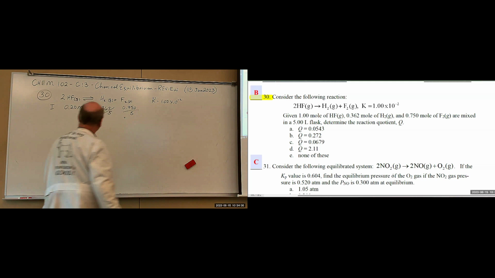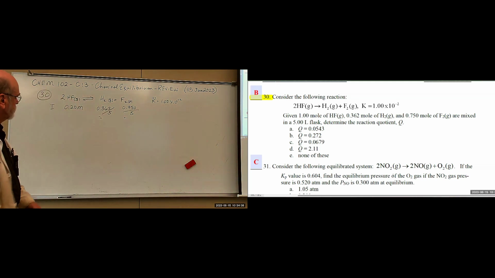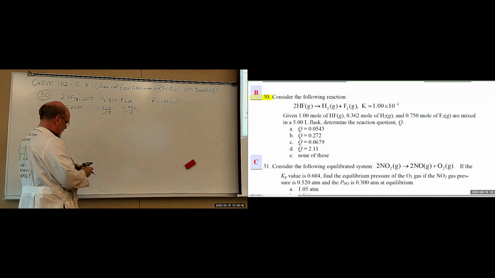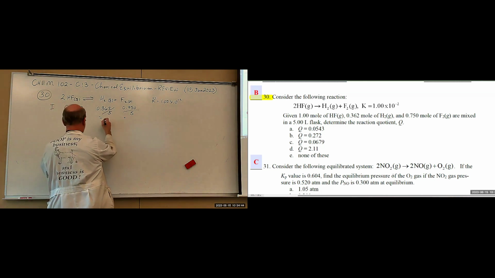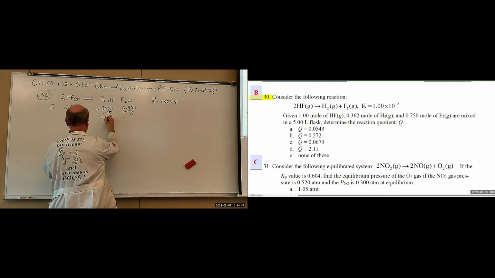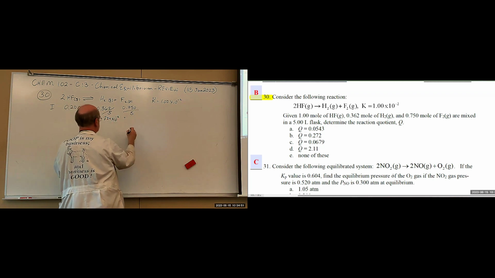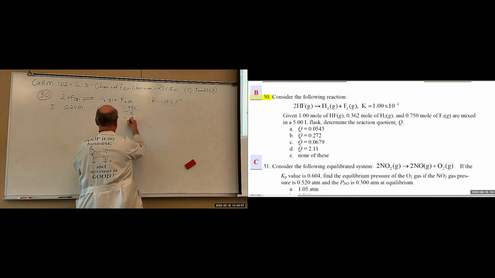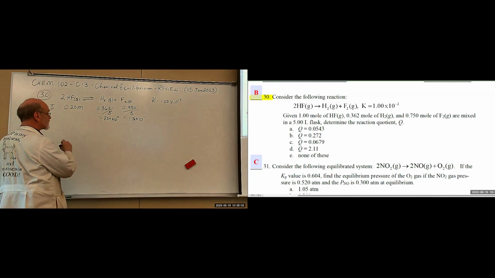Let's go ahead and figure that out. 0.362 divided by 5 is 7.24 times 10 to the minus 2. And this one, 0.75 divided by 5, is 1.5 times 10 to the minus 1. Okay, that's the initial concentration.